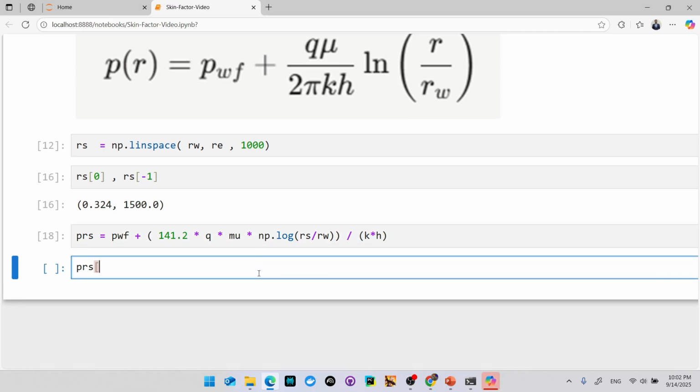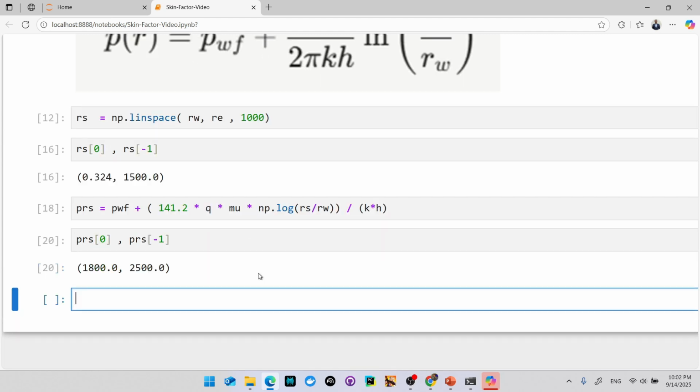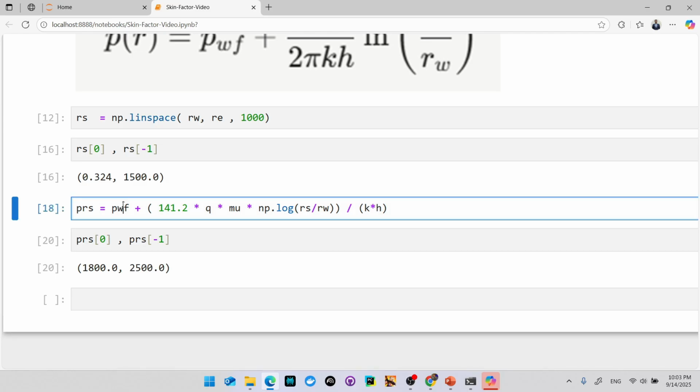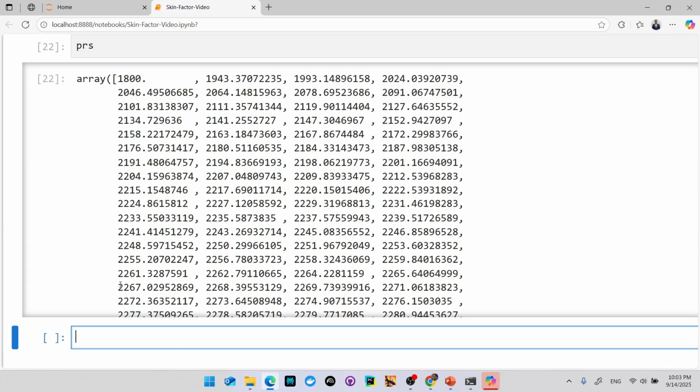If we print PRs 0 and PRs -1, the first and the last value, the first value needs to be the BWF and the last value needs to be the reservoir pressure. We have BWF as a scalar value, we have Q mu as a scalar value, we have kh as a scalar value. So where did this array come from? PRs is an array.